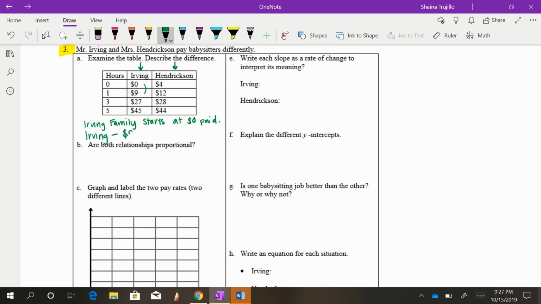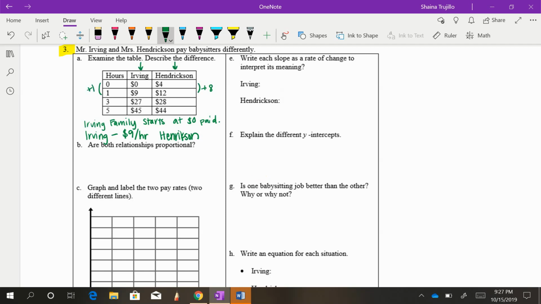So the Irving family pays $9 per hour. And it looks like the Henriksen family, this one's going to be a little trickier, right? Because it doesn't start from 0. So we are going to find the difference between 4 and 12. Looks like it increases by 8. And the difference between 0 and 1 is it increases by 1.